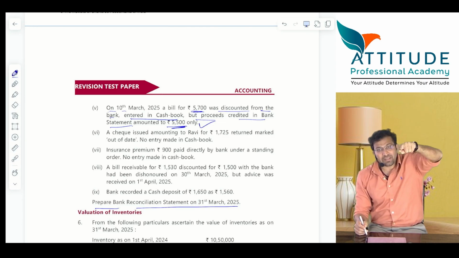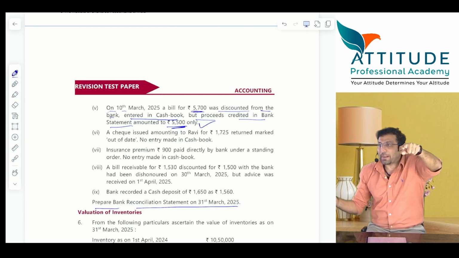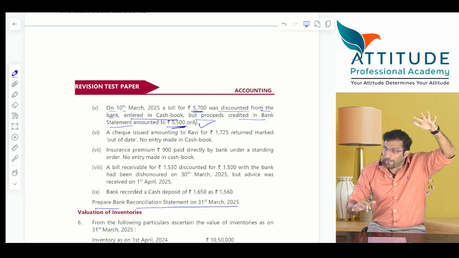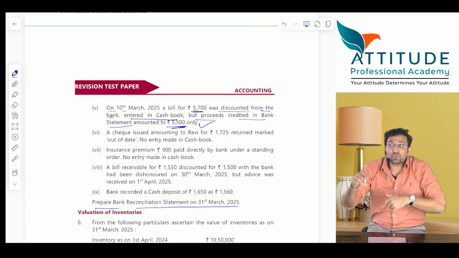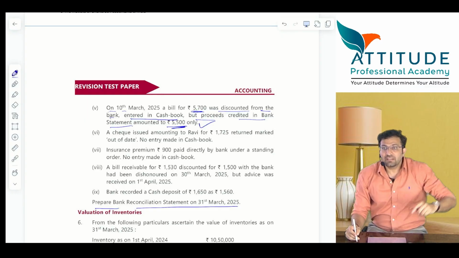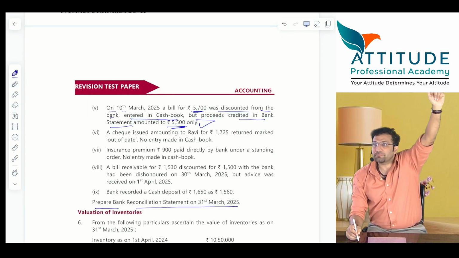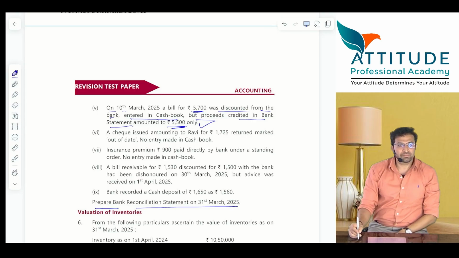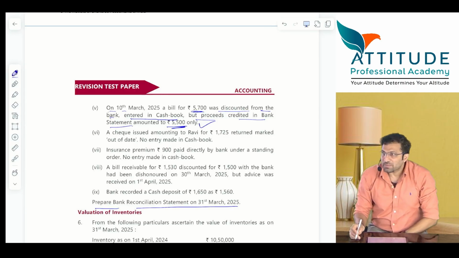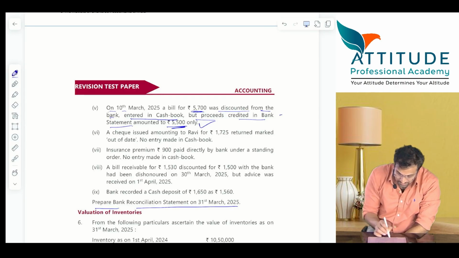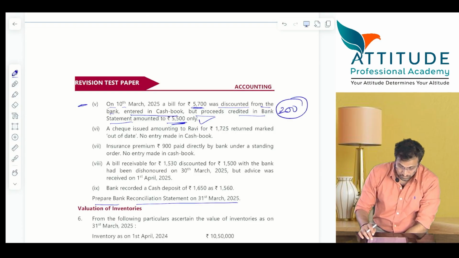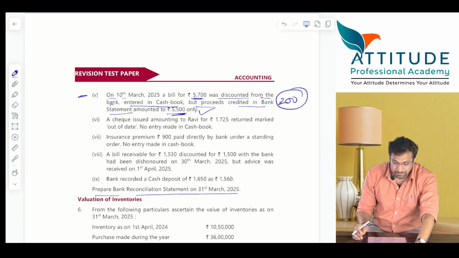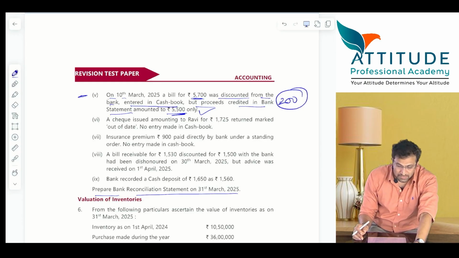You say bank account debit 5,700. बट आपके बैंक स्टेटमेंट में कितना गया है? पासबुक में 5,500. डिफरेंस इज 200. डिफरेंस 200 कहाँ ज्यादा है? कैश बुक में. कैश बुक इज अ स्टार्टिंग पॉइंट. रिड्यूस. Because from cash book you have to come down to what? Passbook. So minus 200. Is that clear? 200 minus होगा. Any difficulty? Yes. Next.